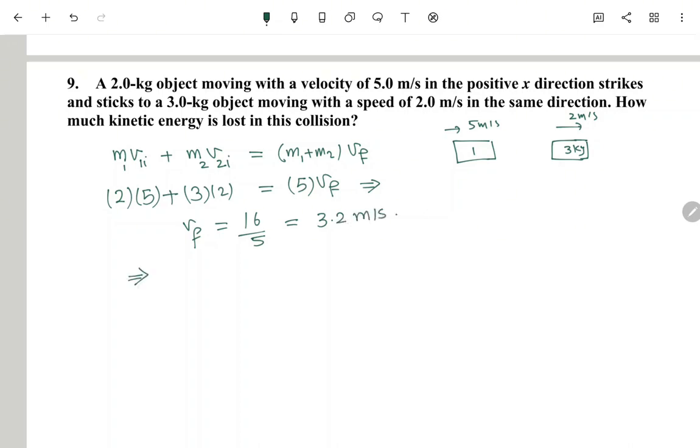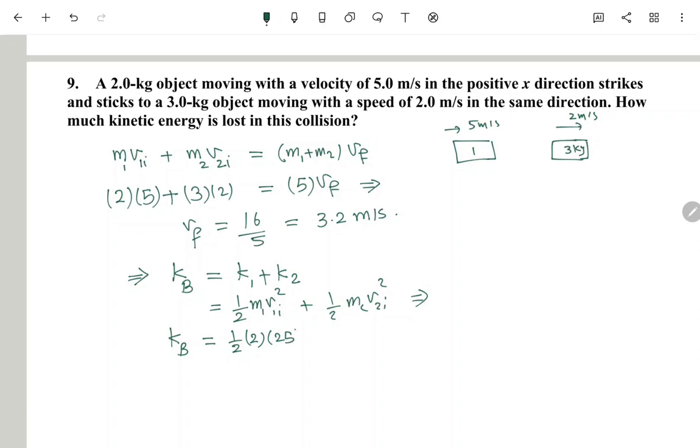Let's calculate the kinetic energy before the collision and the kinetic energy after the collision. And again, they shouldn't be the same because it's an inelastic collision and kinetic energy is not conserved. So kinetic energy before the collision is equal to K1 plus K2, half m1 v1 initial squared plus half m2 v2 initial squared. You substitute the numbers here, you will find KE before equal to half times 25 times 2 plus half times 3 times 4, or in other words, it's equal to 31 joules.